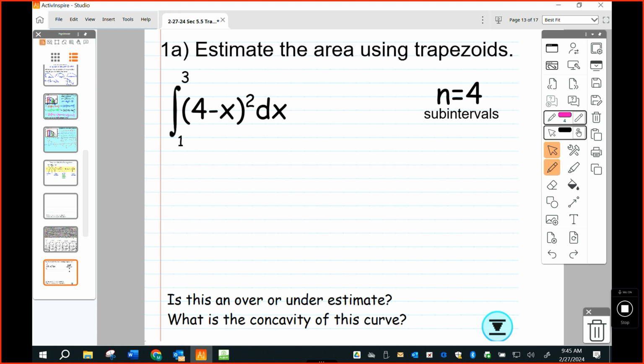I would like you to estimate the area under this curve from 1 to 3 using 4 trapezoids. So start by writing down the integral. The integral of 4 minus x quantity squared. Your bounds are 1 to 3. And we are using 4 trapezoids, 4 subintervals.